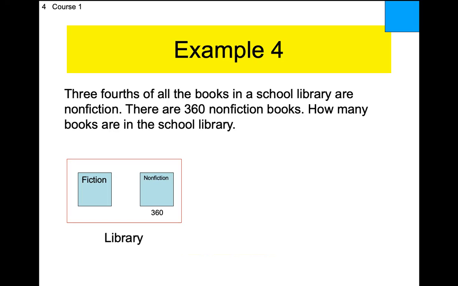Next year you will have two, an X and a Y or a Z or whatever, but this year there's only going to be one variable, X. So the question is, does fiction get the X or does the library get the X? To answer that question, we look at the question itself and ask, what is it asking?